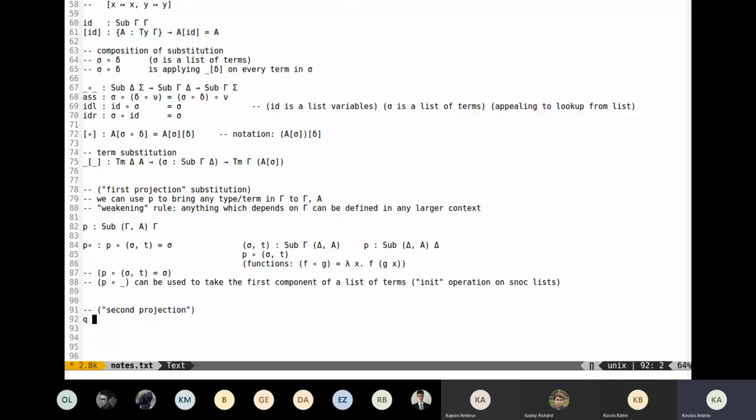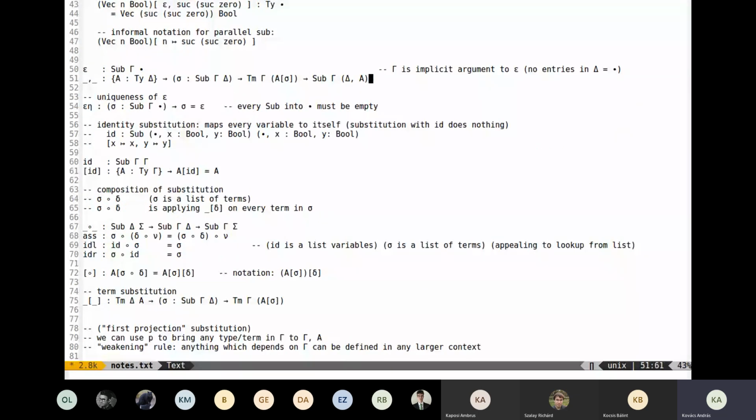If you remember, when we do an extension of a substitution, we are only snocking a term.